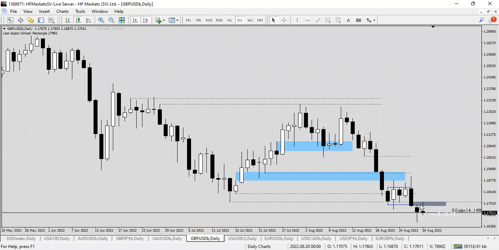So now when we take a look at this, we have the imbalance. We have the imbalance being filled. There are no bearish order blocks being created right here. So this is saying price is likely to be trading down to fill in imbalances created inside right here.